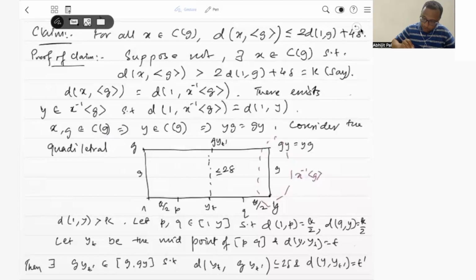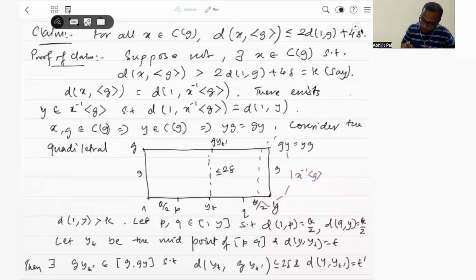So therefore y will belong to the centralizer of g. It follows from this one. Okay. So therefore yg will be equal to gy. And now consider this; in fact, it is not a quadrilateral, it is a rectangle.